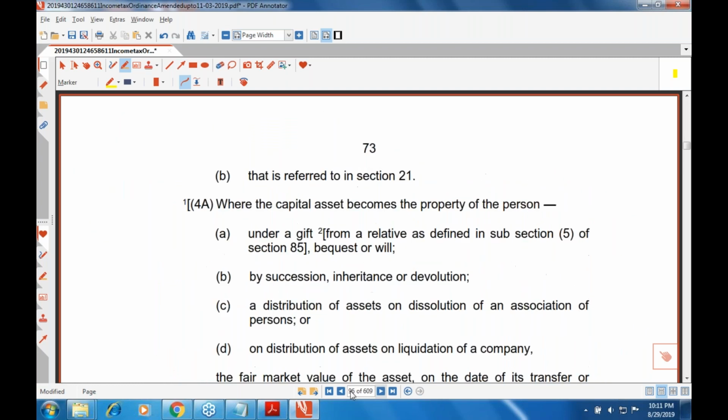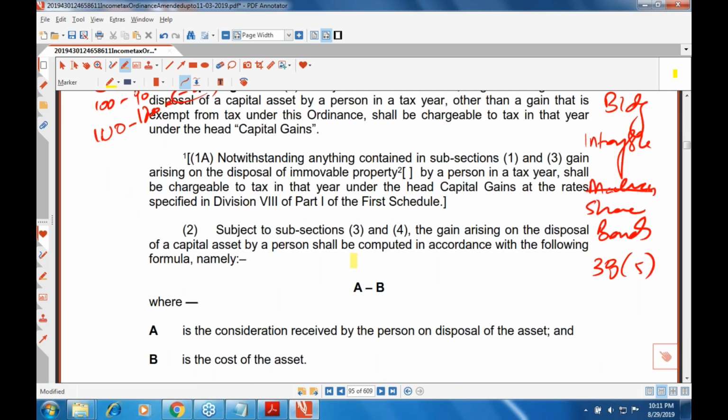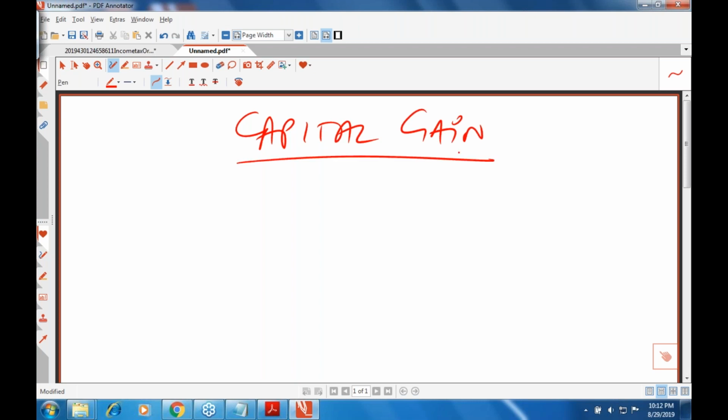Let's move a bit forward and start discussing a few more things. I'm going to explain in a very simple manner that whenever we talk about capital gain, there are three types of taxability of capital gain. What are those three types?